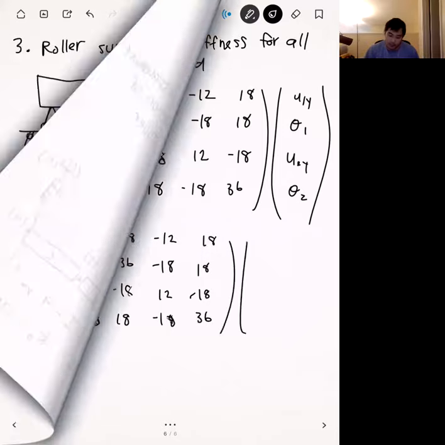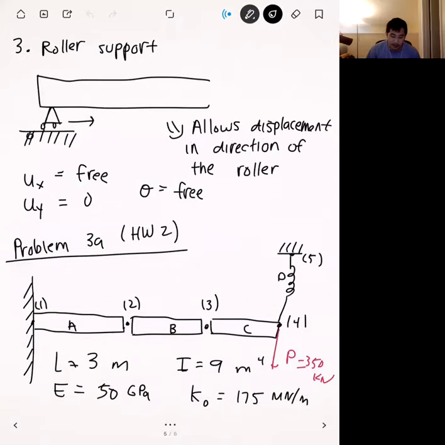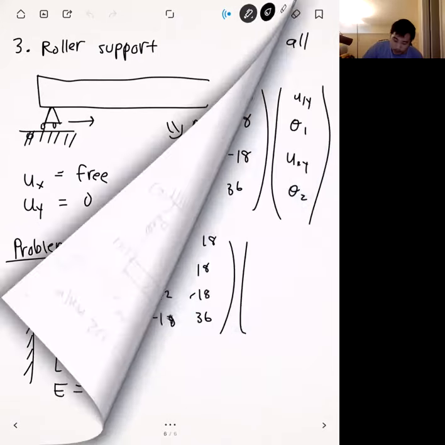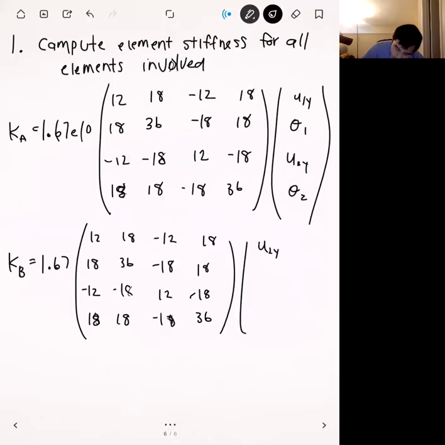And we're going to look at element B here, and we see that element B acts on nodes 2 and 3. And so this is going to be U2y, theta 2, U3y, theta 3.